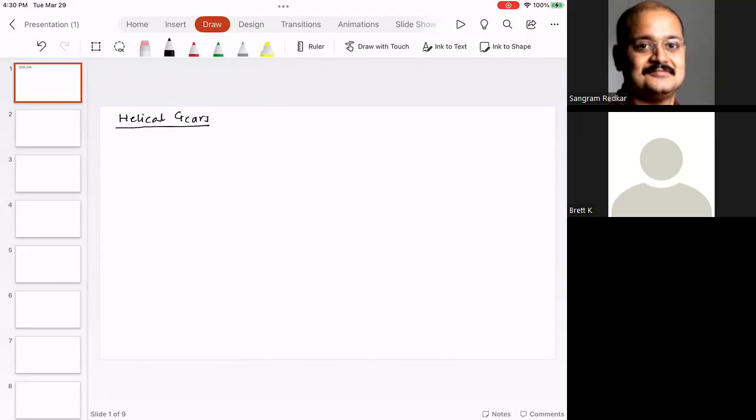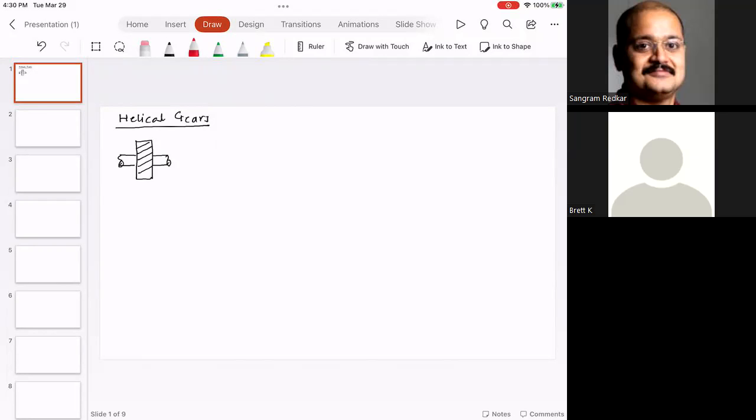For example, if you look at a helical gear, the helical gear is strong because the teeth are cut at an angle. So this is how the helical gear looks. But rather than a spur gear, the teeth are cut at an angle. This angle is called the helix angle.